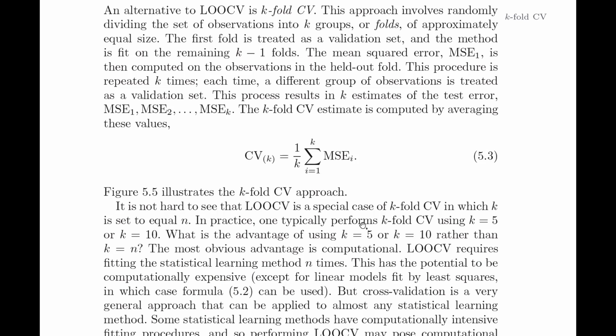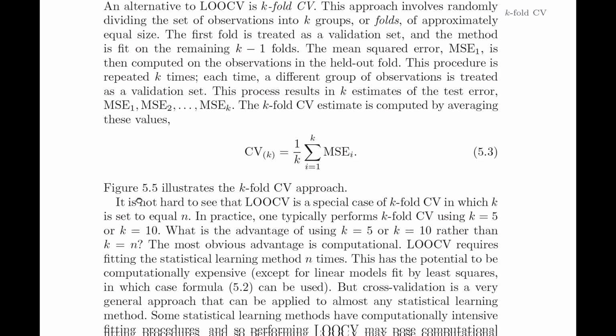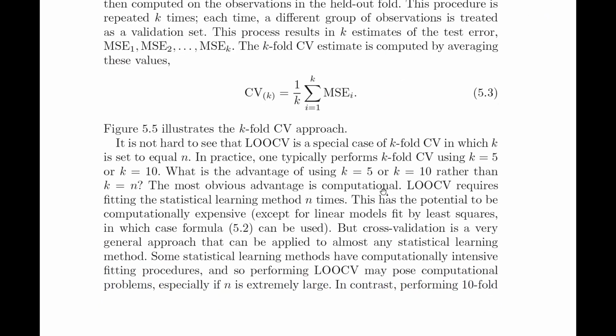In practice, one typically performs k-fold CV using k equals 5 or k equals 10. What's the advantage of using k equals 5 or k equals 10? The most obvious advantage is computational.